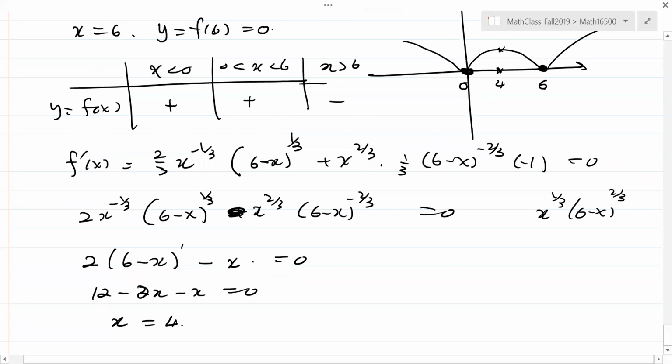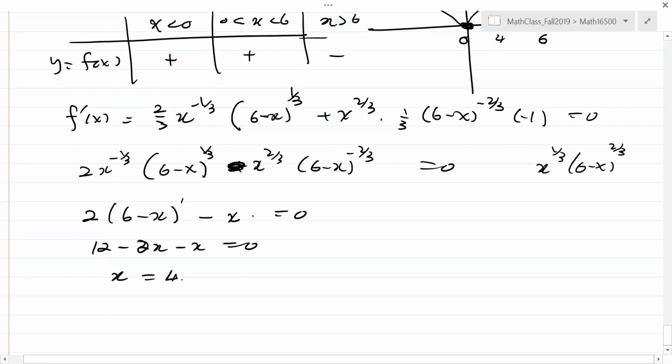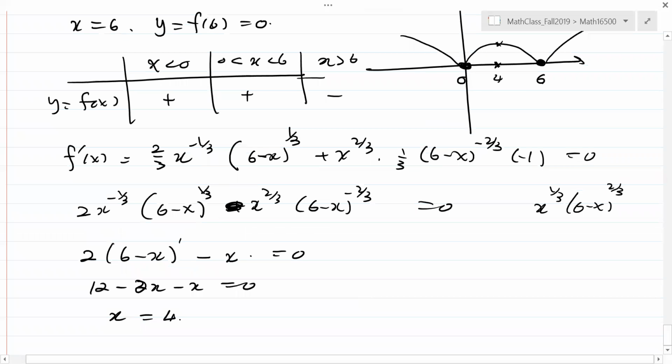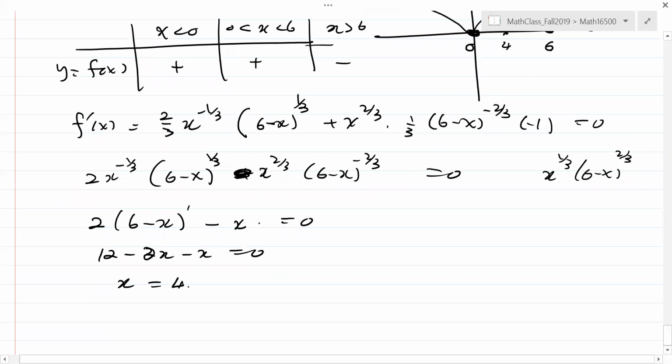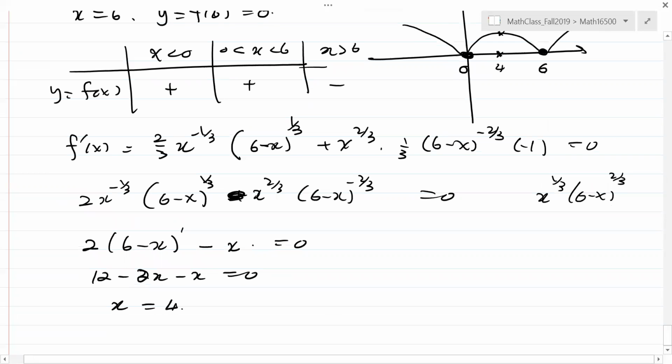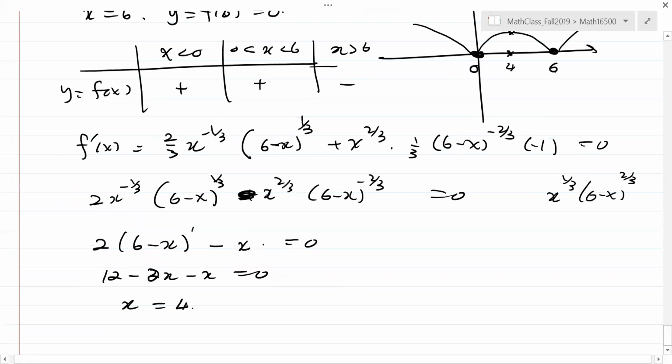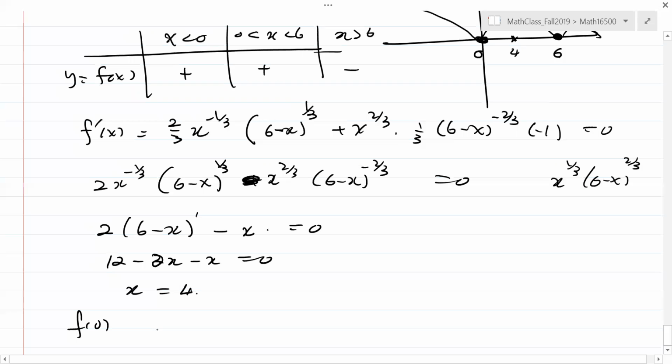So the function, if you look at the picture, I don't even need to determine the sign of the derivative. I can tell that we have two local extrema. I know f of 0 equals f of 6 equals 0. This is the absolute minimum value of the function, from the graph.